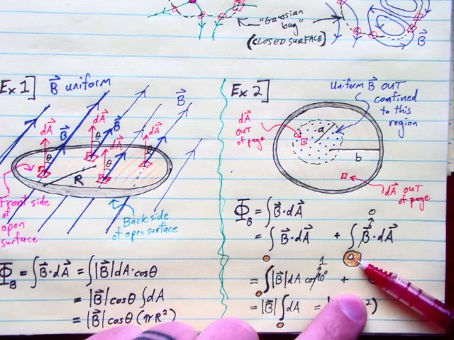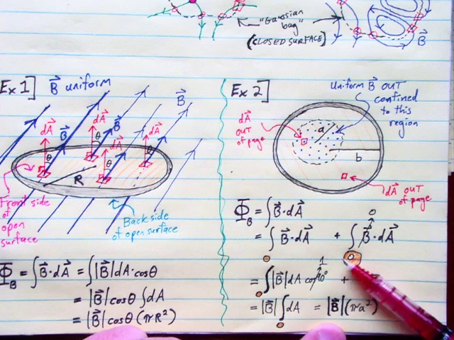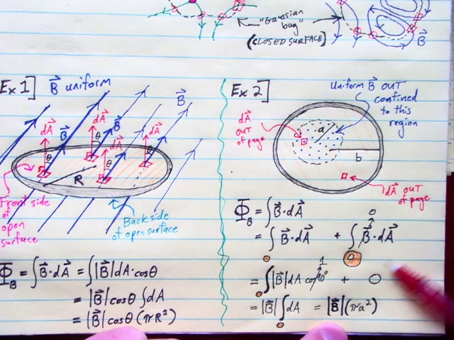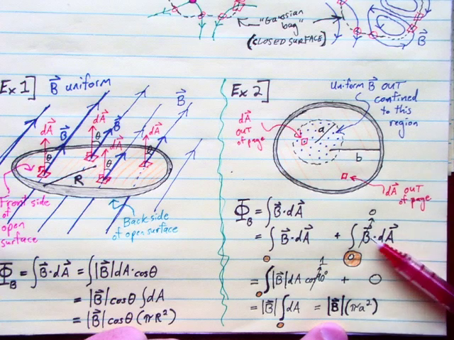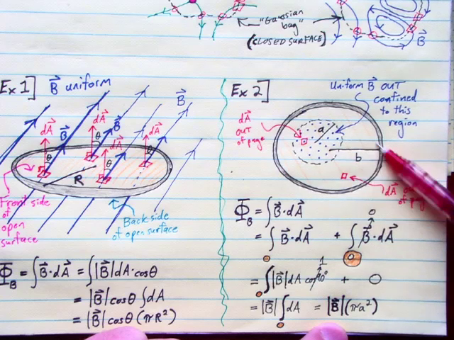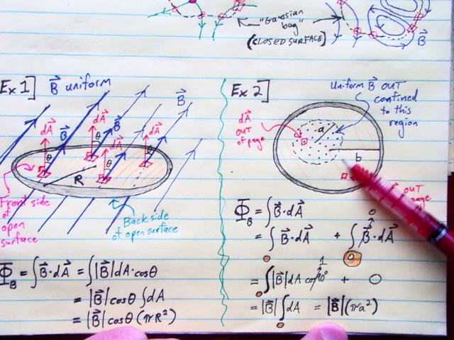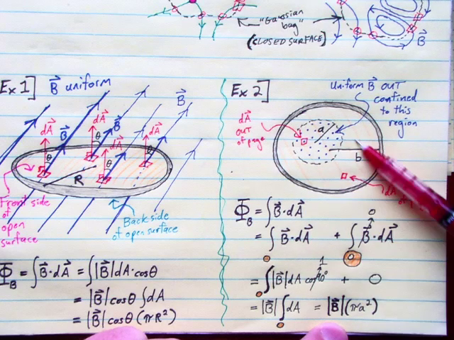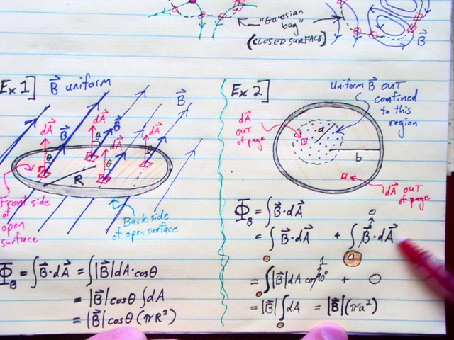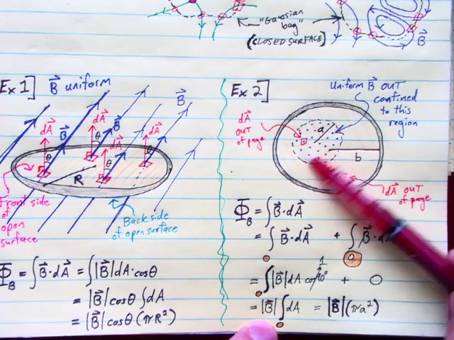So we're cutting out that little circular section where there is actually B field. For this integral, B is 0 at this location and all these locations out here. So if B is 0 out there, then there's no magnetic flux through all these parts of our open surface. That goes to 0. We only have magnetic flux coming through this region right here.